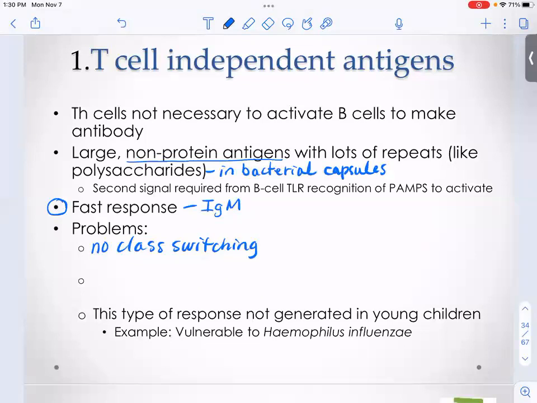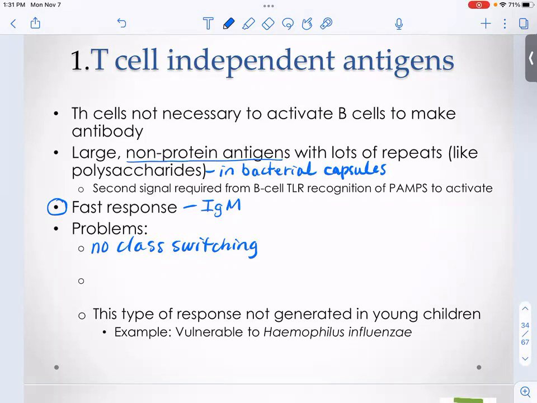So we get a really fast response here, IgM, but one problem is it's not a strong enough response to get the cytokines that will cause class switching to take place. So we never change into IgG or IgA or IgE, ones that may be more suited for that particular infection.